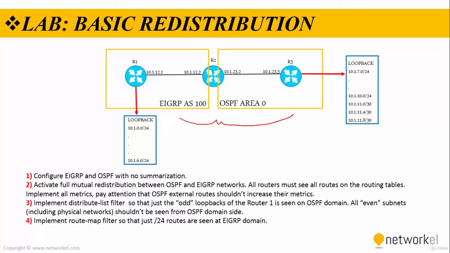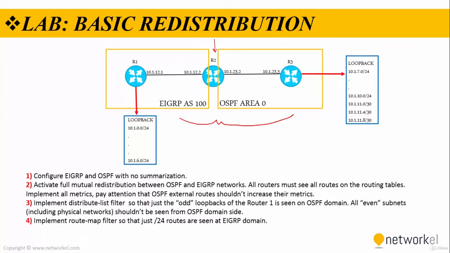Alright. What we're going to do here is configure basic EIGRP and basic OSPF configurations on routers 1, 2, and 3. Then I'm going to configure redistribution on router 2 to provide communication between EIGRP to OSPF and OSPF to EIGRP as well.